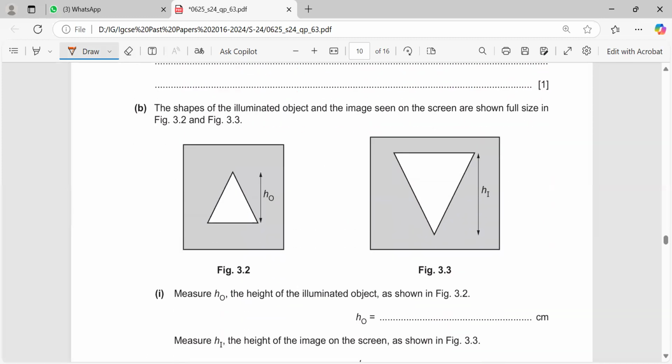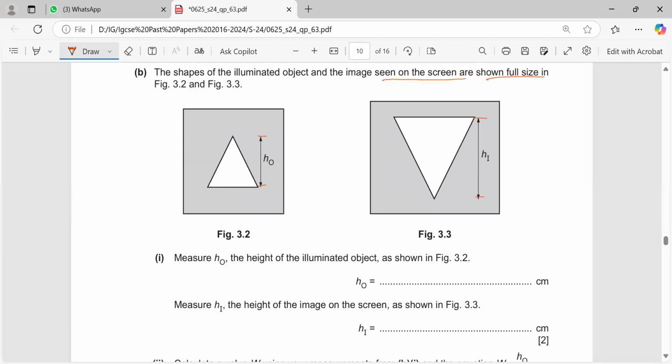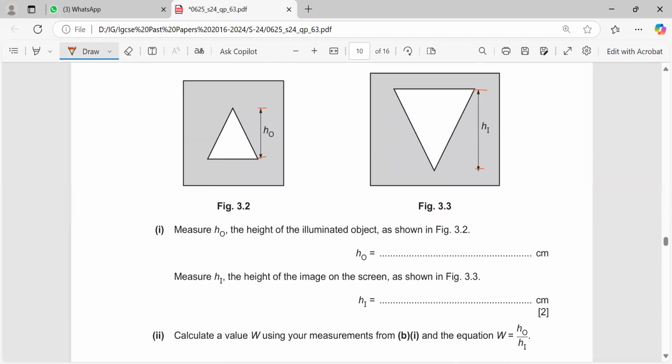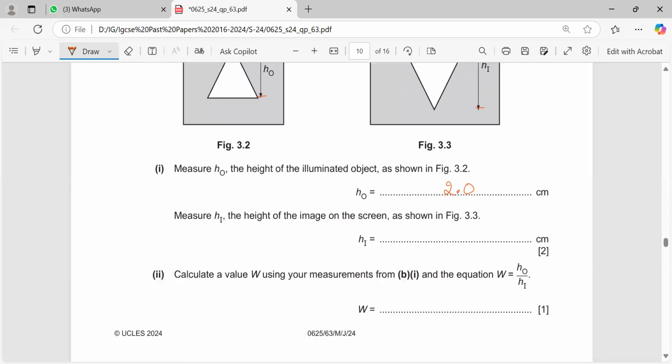Now, the shapes of the illuminated object and the image seen on the screen are shown full size in figures 3.2 and 3.4. Measure h0 and h1 and put them here. When I place the ruler there, h0 is almost 2 centimeters, and h1 is larger, 3.2 centimeters.